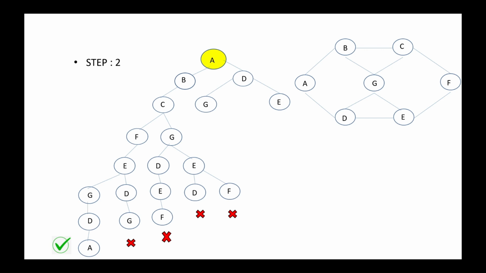And there are two, D and F. For D, there are three adjacent vertices A, G, and E. All three are listed, so we didn't write any of them. For F also, there are two adjacent vertices C and E. C is also listed and E is also listed. We didn't write any of them, so it will also not form the cyclic form. So it is not a Hamiltonian cycle.